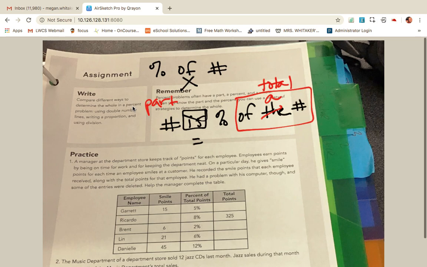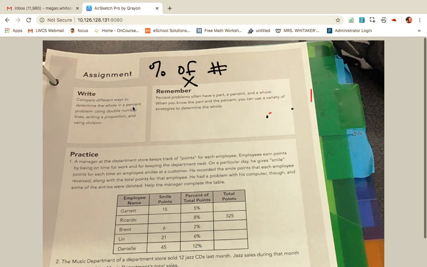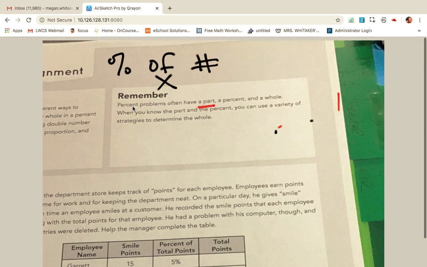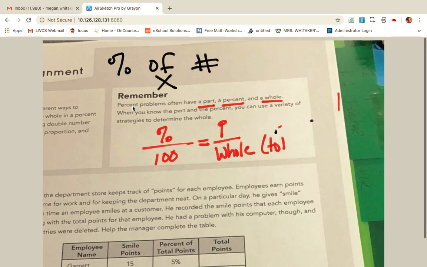Okay, so the formula that you need to focus on is here where it says remember, percent problems have a part, a percent, and a whole. So the formula we use is the percent, which when we write it as a fraction is always over 100 because percent means 100, is equivalent to the part over the whole, which sometimes is the total, but you might see it written as "of a number".